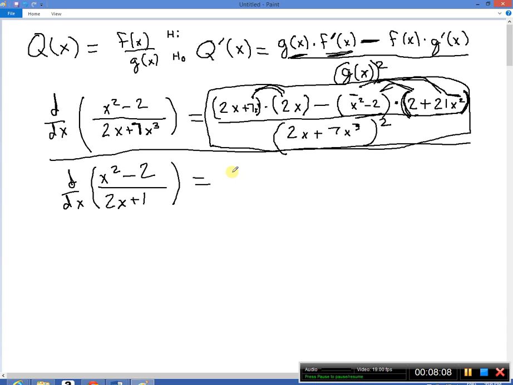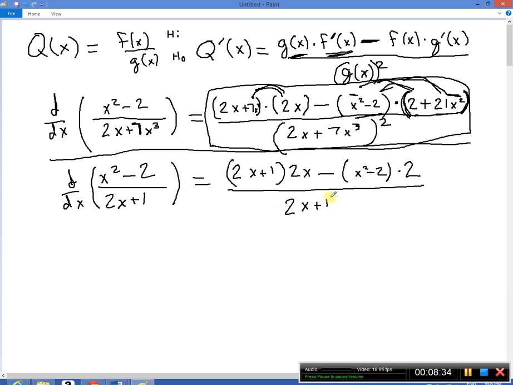So once again, it's the denominator times the derivative of the numerator, in this case 2x, minus the numerator, x squared minus 2, times the derivative of the denominator. This time the derivative of the denominator is just 2. And all of that is divided by the denominator squared.